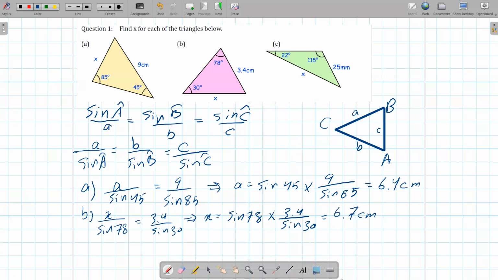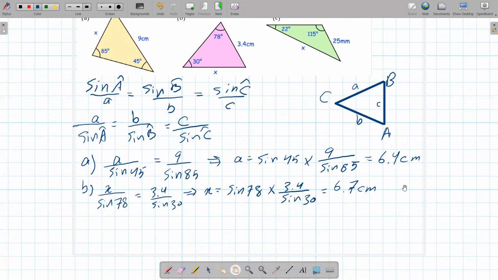Here we have the last question, which is x over sine 115 equals 25 over the sine of the opposite angle, which is sine 22.